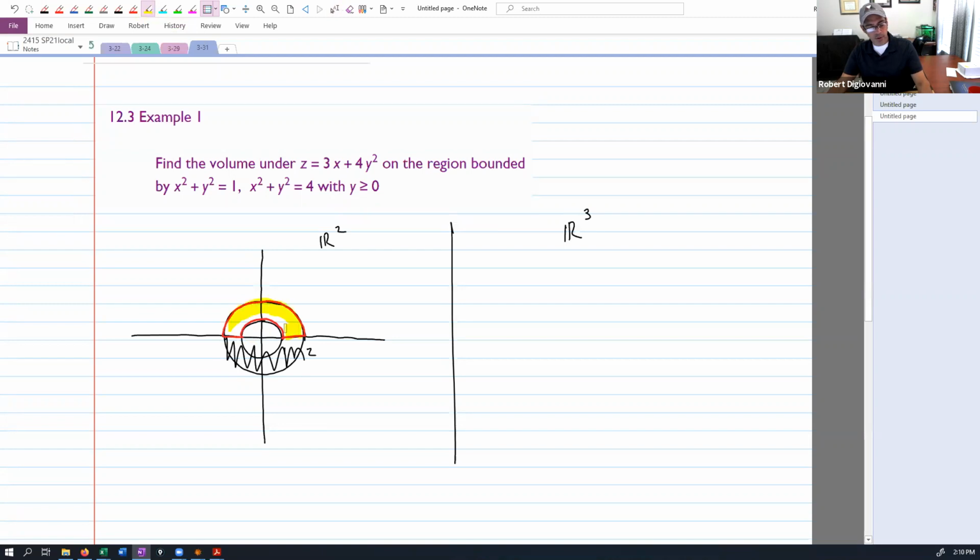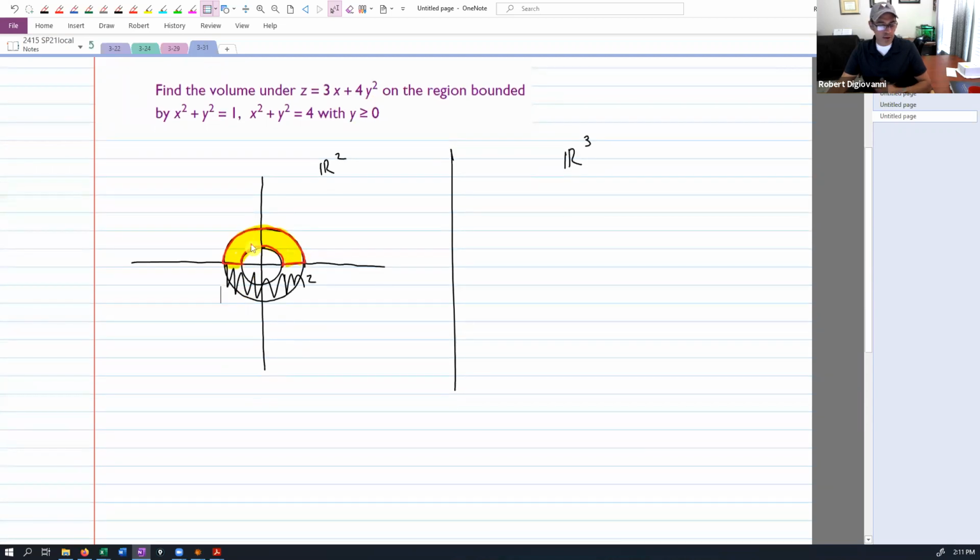And what we're doing is we're saying, what is the volume underneath this surface on this region? I don't even think I need a 3D picture because I know this surface. I need to basically do the double integral of this surface over that region. I should be okay.